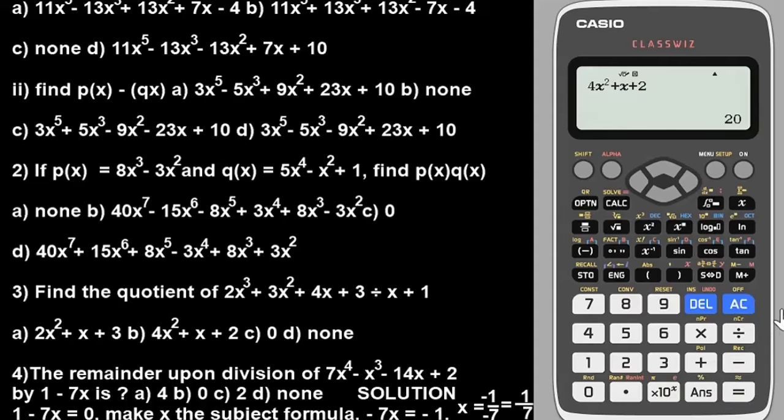So the answer is option A. But let me show you something now. If we are to use this pattern, let's see if we have the same results. 2x, sorry, we have cube, 2x cube.